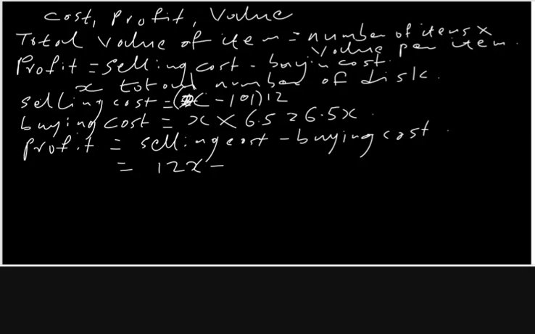What is 19 times 12? 228. Then minus all of this, minus 6.5x. So this is the profit.